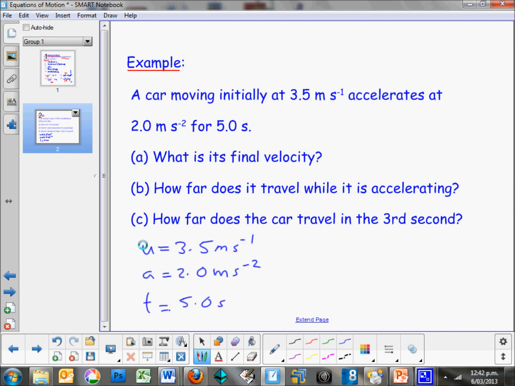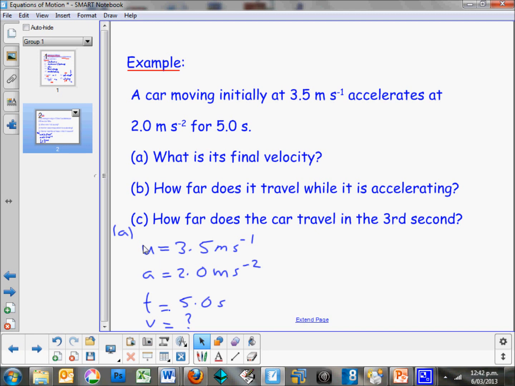Now let's make this part A that we're doing here, and we'll do probably part B and C on another page. All right, and what are we being asked to find in part A? We're being asked to find v. Now, if you write down those four things, you then look at them and say, okay, which of the equations of motion from the previous page would I choose to use? There is no mention of s, distance or displacement here.